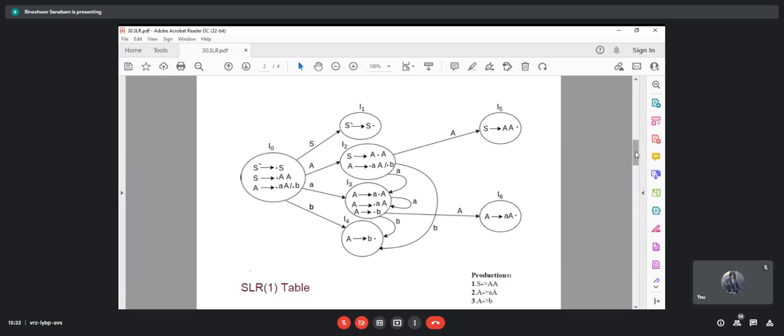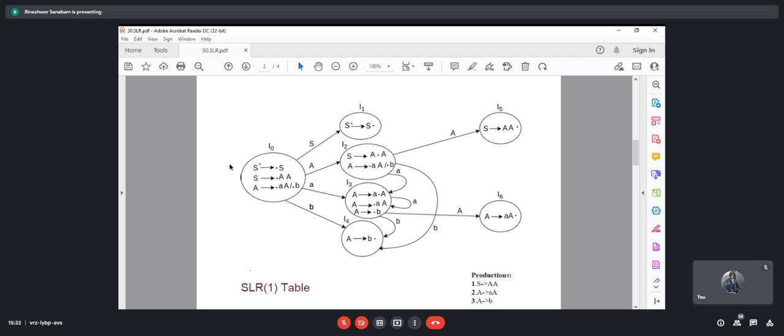To draw this diagram, we are going to use the functions goto and closure. In LR0 items, it is included that you can have these two functions, goto and closure.